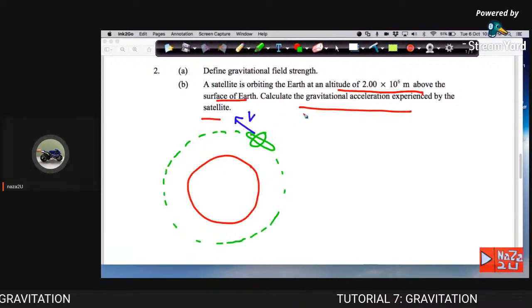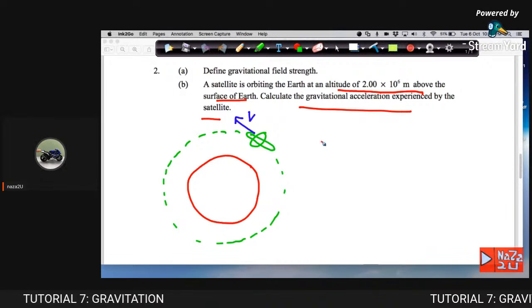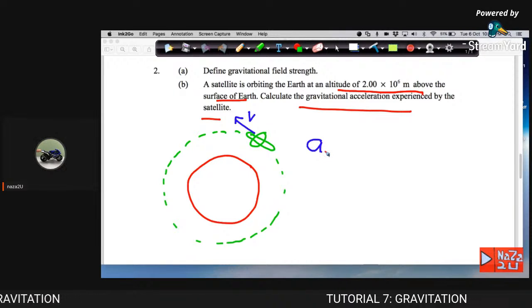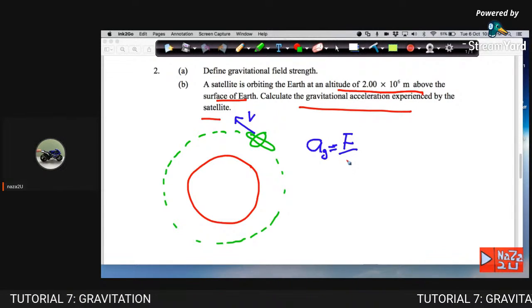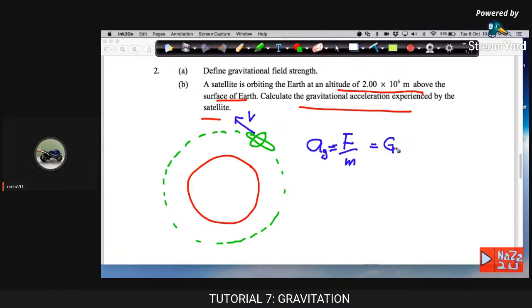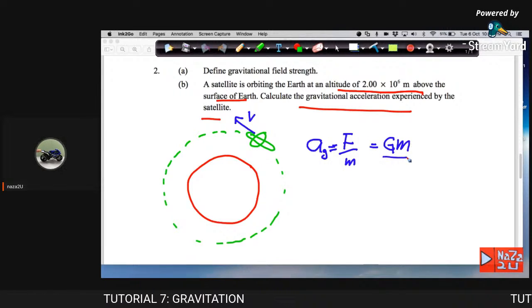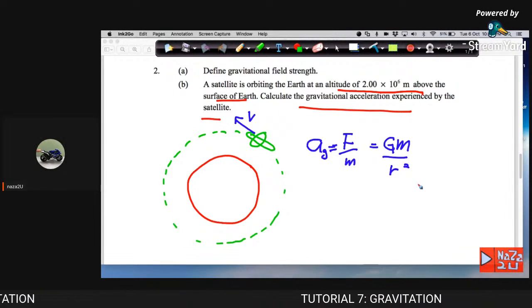So the question is, what is the gravitational acceleration experienced by satellite? So tadi kita dah bincang tadi, untuk mengira gravitational acceleration kita ada rumus apa tadi? F force divided by m, or we can use G M divided by radius r square.